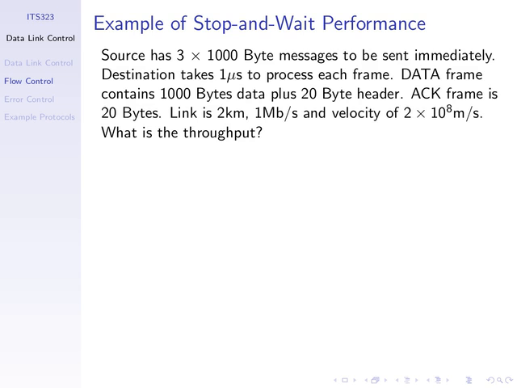So up until the midterm we had a very simple view of throughput. We just looked at the real data divided by the total packet size, like 1,000 divided by 1,020. But that's only the case if there's no time spent not sending. In most protocols at the data link layer and above, we're transmitting, but then there's a period of time that we're not sending anything.